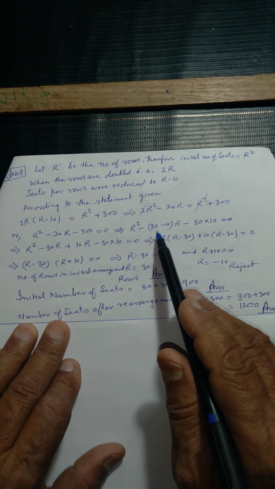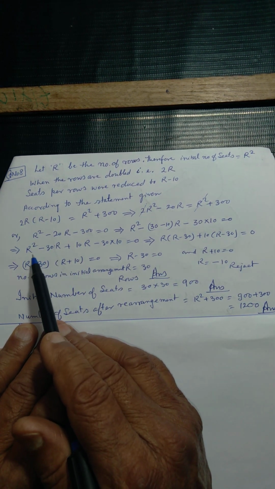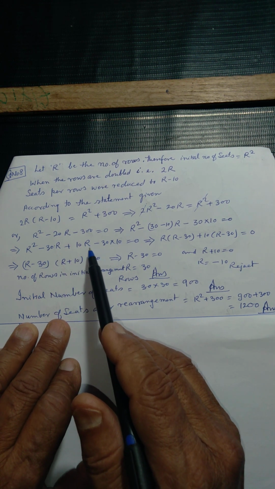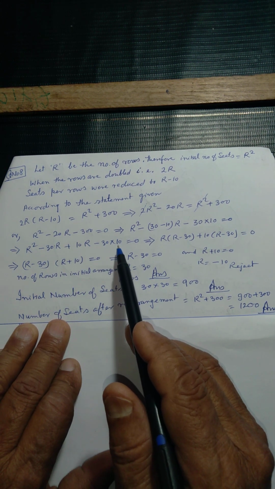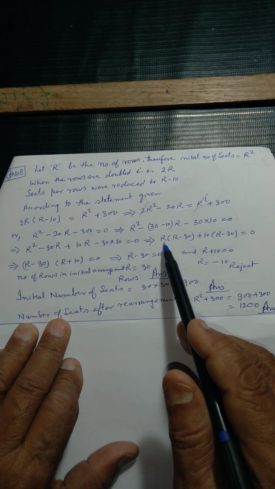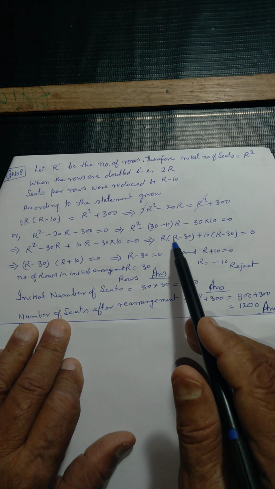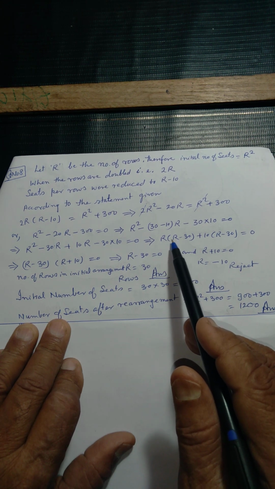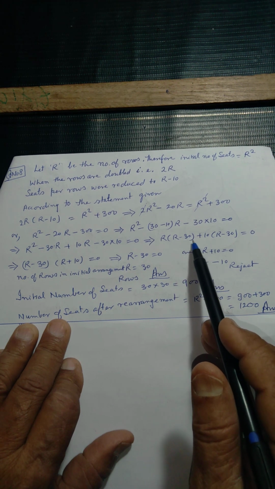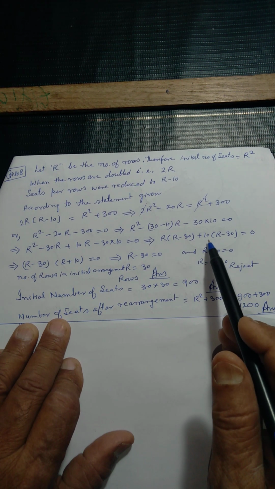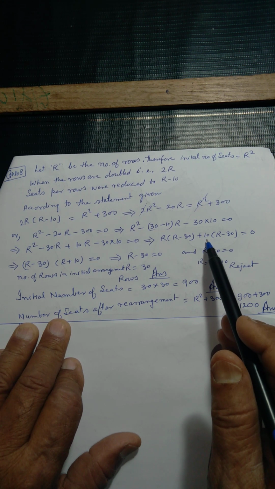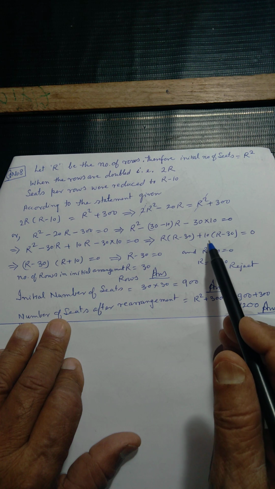So now open this bracket, you will get R square minus 30R plus 10R minus 30 into 10 equal to 0. Here R will be taken out common from the first two terms, and we will get R inside the bracket R minus 30, bracket closed, plus you take out 10 common from the third and fourth term.